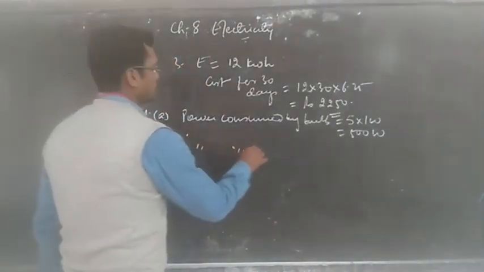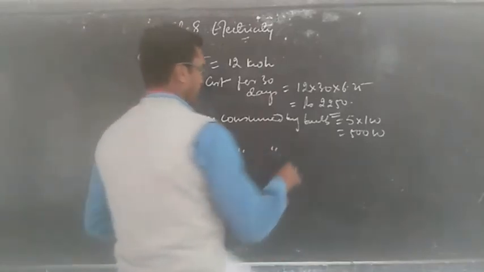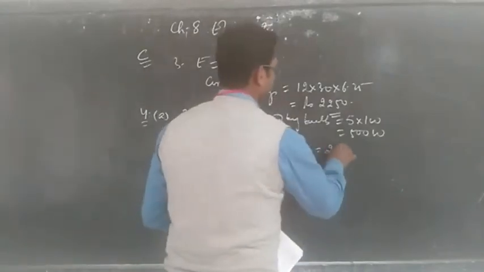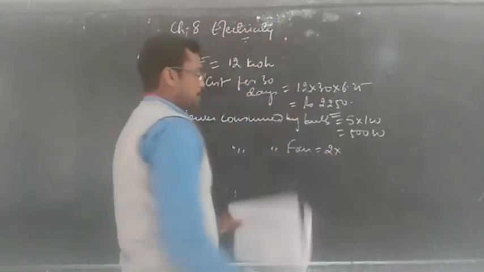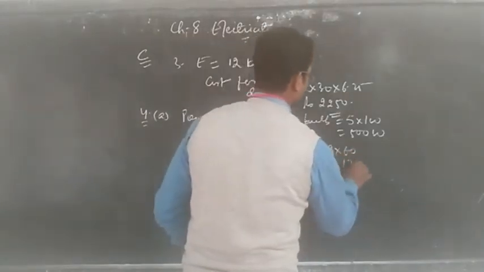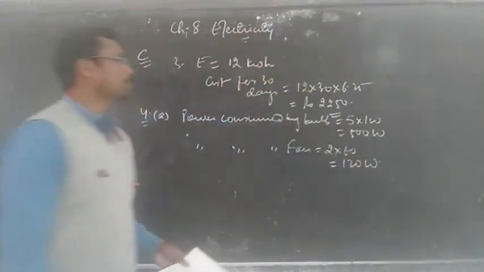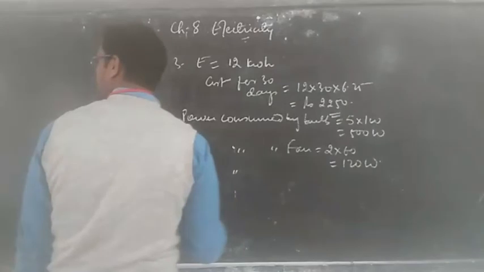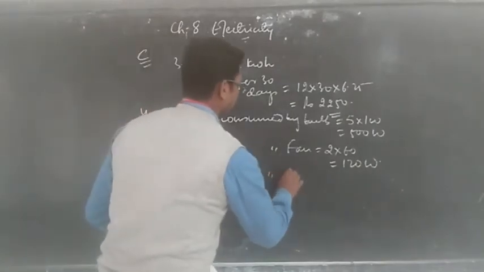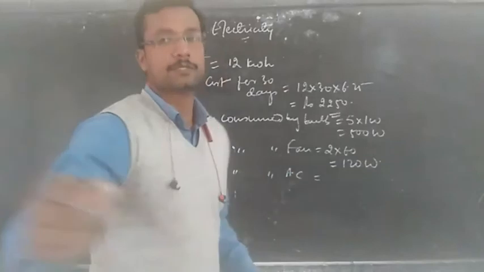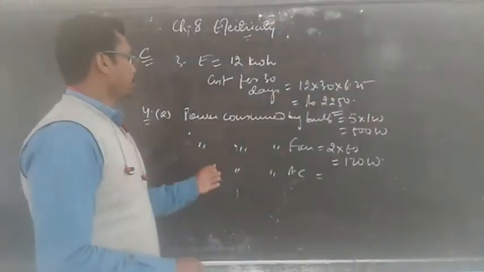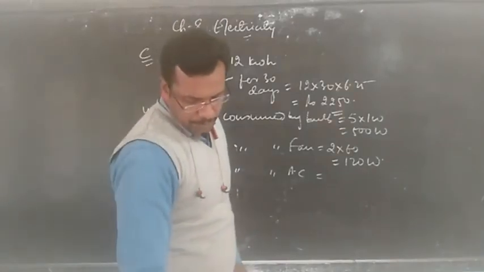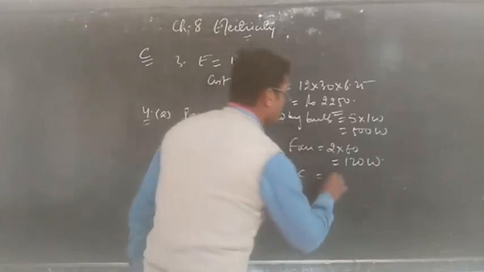Next, find out power consumed by fan. The number of fans is 2 and each fan's power is 60 watt. So we have 120 watt as the power consumed. Then power consumed by AC. You can see AC power is 1.5 kilowatt and there are 2 ACs.